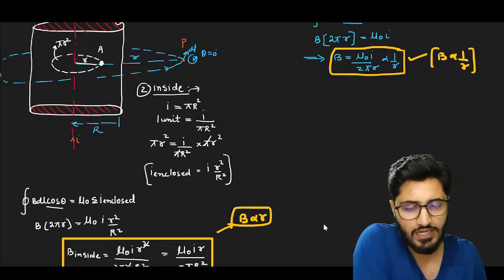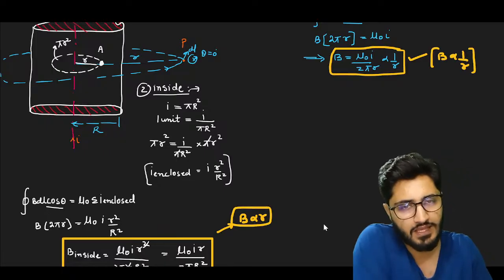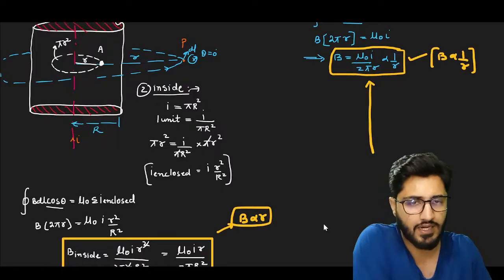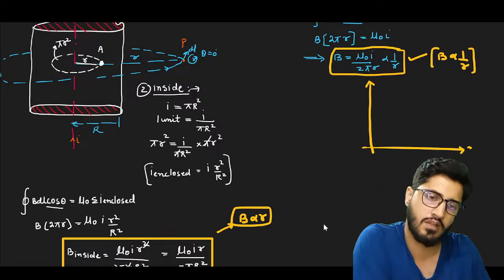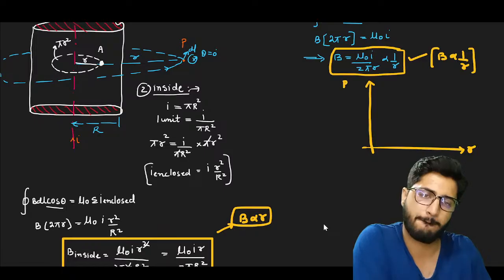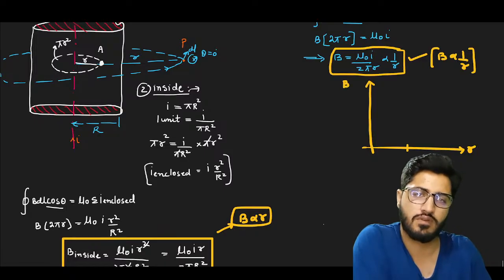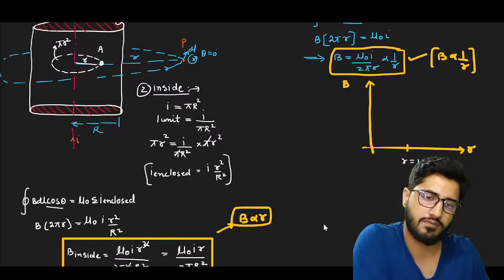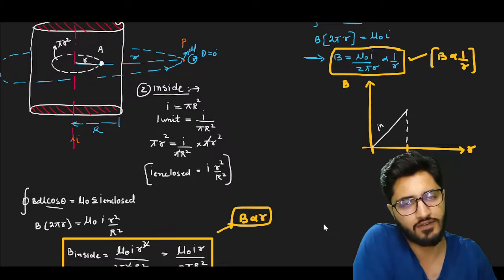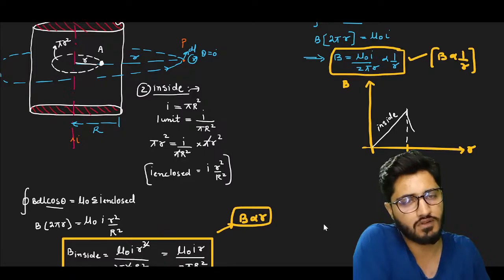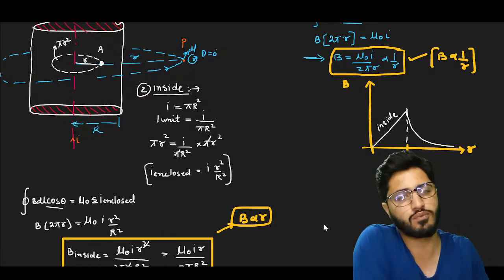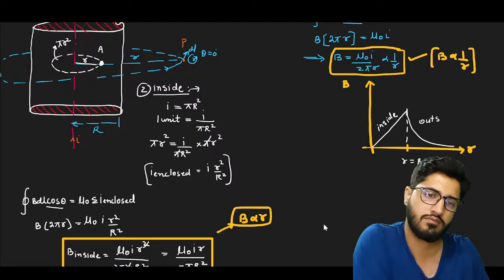Now, if I need to make a graph, I will make a graph like this, with r and B. Point here where r equals R, that means at the surface. Inside, it is directly proportional. This is the inside graph. Then outside, it is the same rectangular hyperbola.